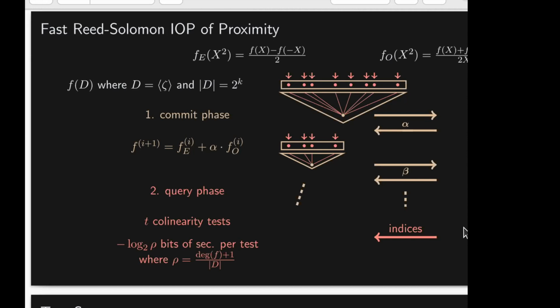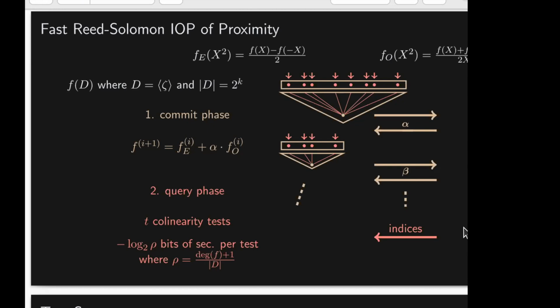And so the verifier sends indices, and every index in every code word has a brother, which is exactly n/2 locations further away, and it has a cousin in the next code word. So every index identifies 3 points, and you can derive a linearity condition, 3 points that have to be on the same line, if the next code word was correctly derived from the previous. And so you just test for this linearity condition.